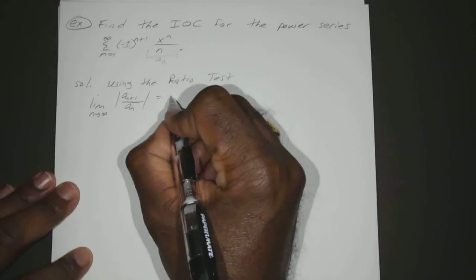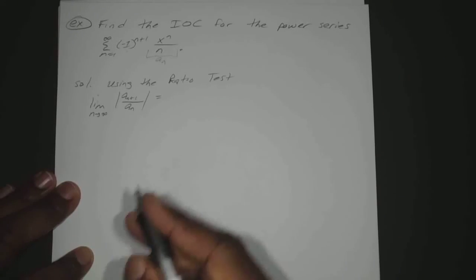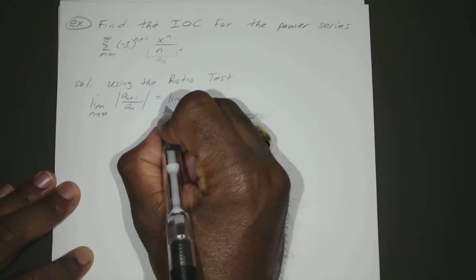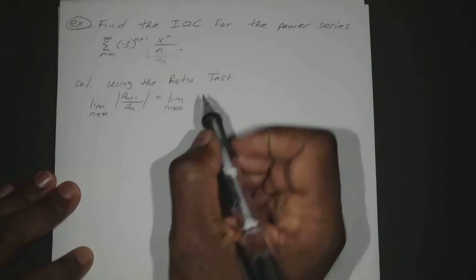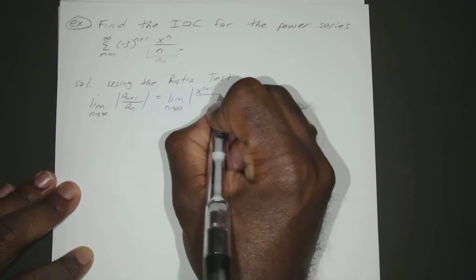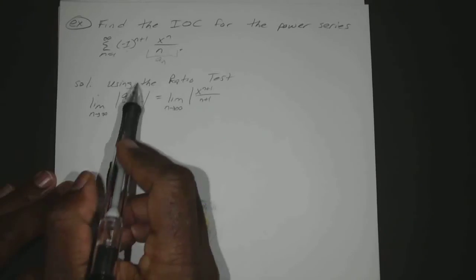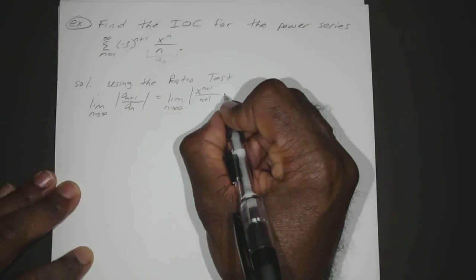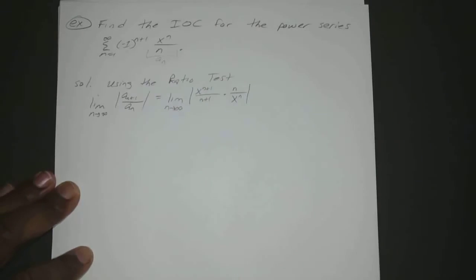Okay, so this is going to equal, we can leave out the negative 1 since it's absolute value, we don't have to worry about that. The limit as n approaches infinity of a sub n plus 1 is x to the n plus 1 over n plus 1 divided by a sub n, which is just kind of the reciprocal of that if we multiply times the n over x to the n.